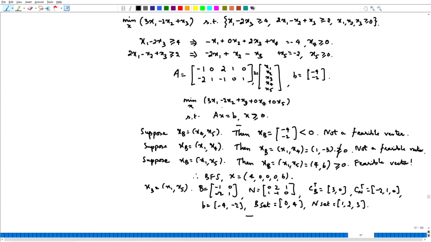So we have to figure out a starting point. That is a BFS that we have here, right.